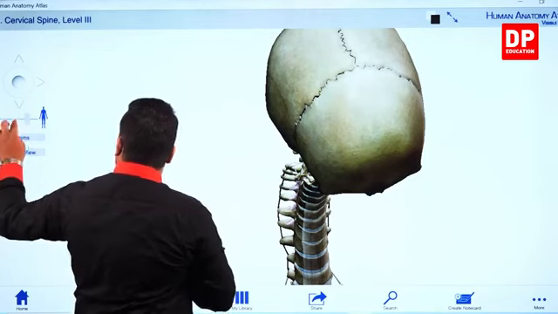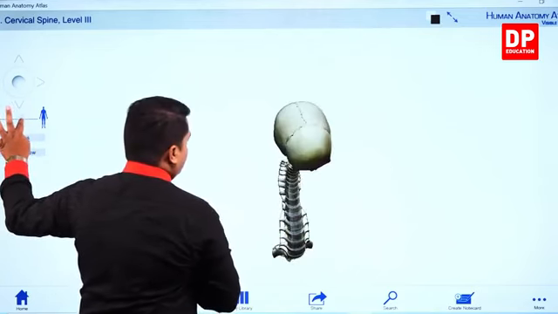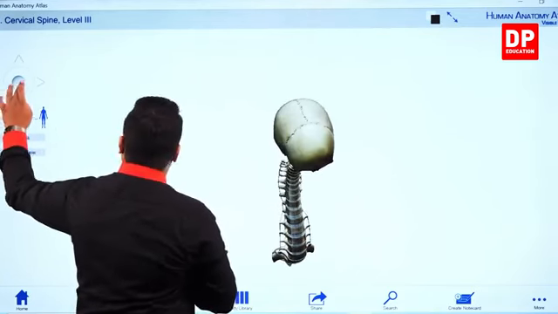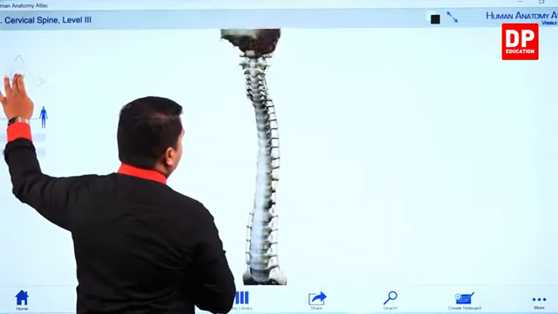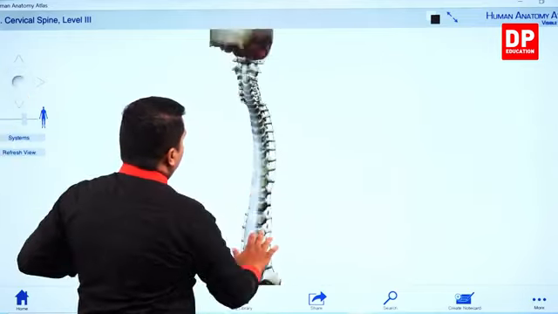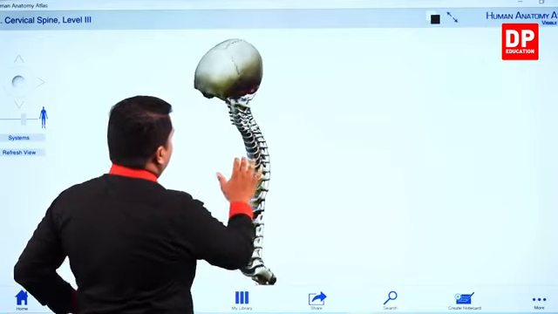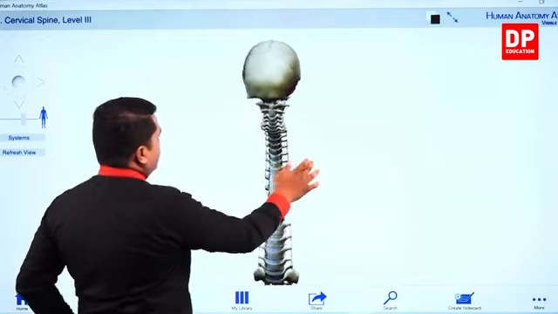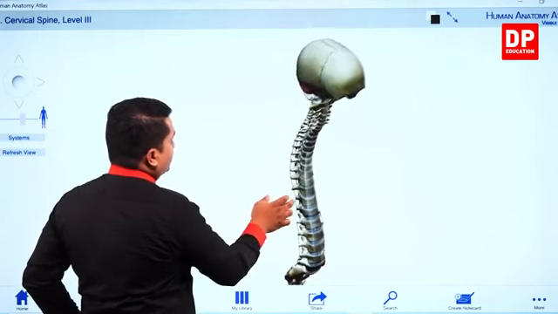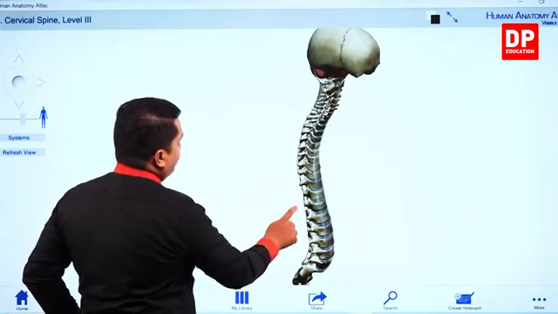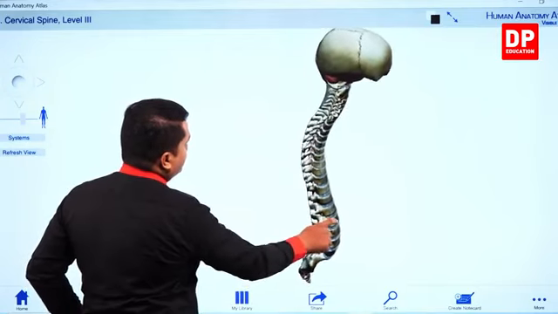Skull is like this, right? This is the skull.